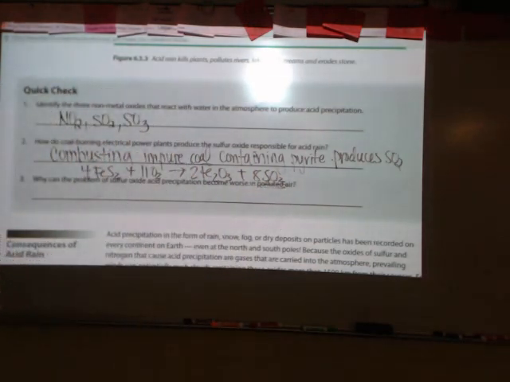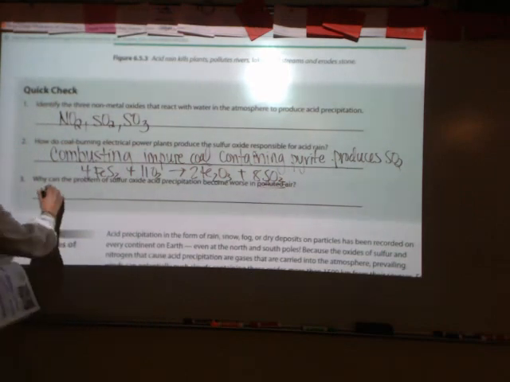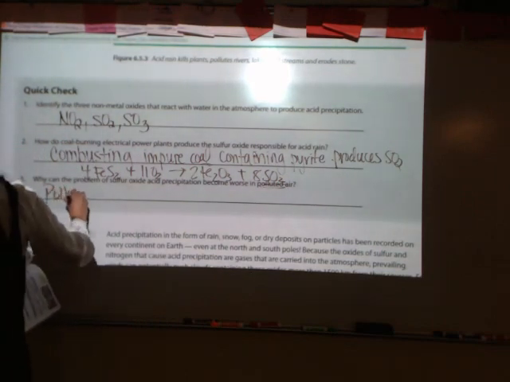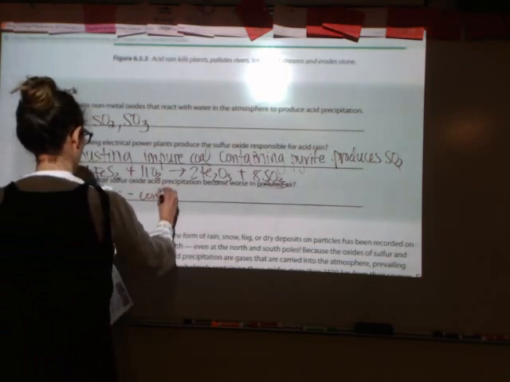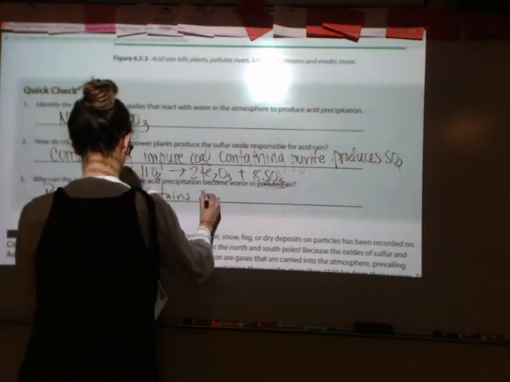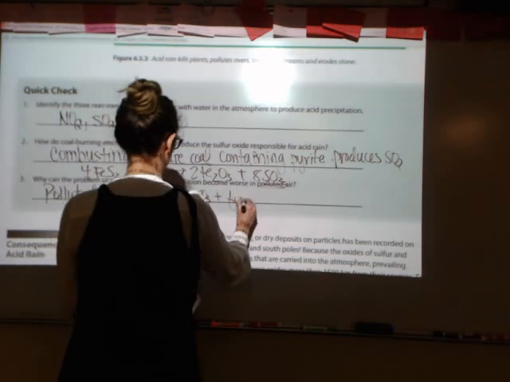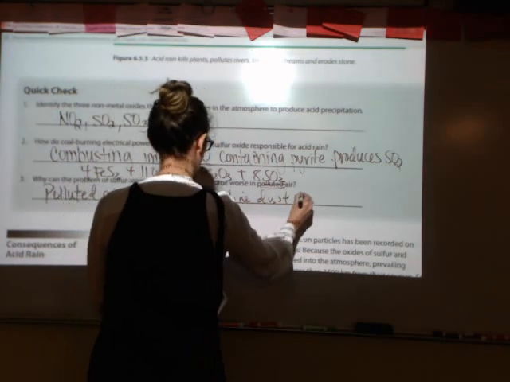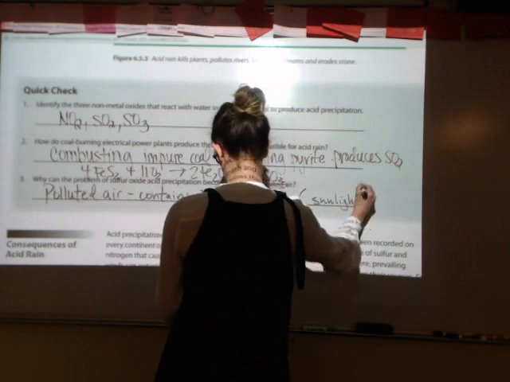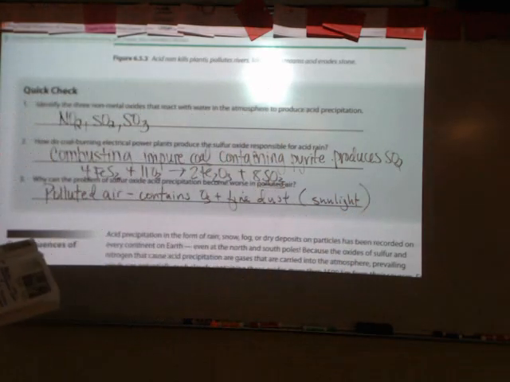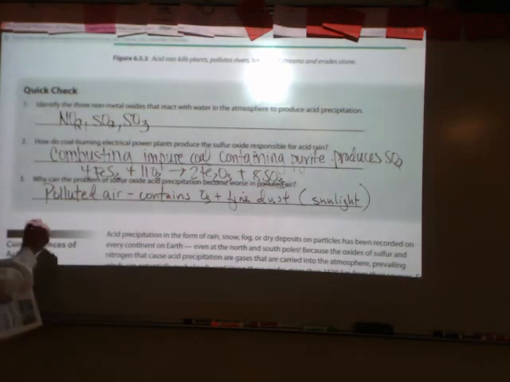Why can the problem of sulfur oxide acid rain become worse in polluted air? Because if the polluted air contains ozone and fine dust and some sunlight, the oxygen and the ozone will oxidize some of the sulfur dioxide and sulfur trioxide.